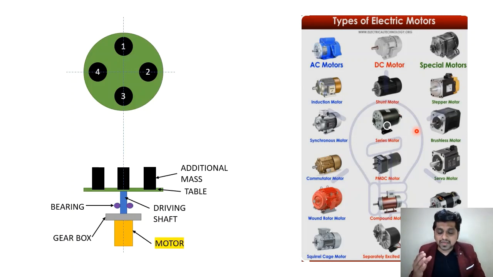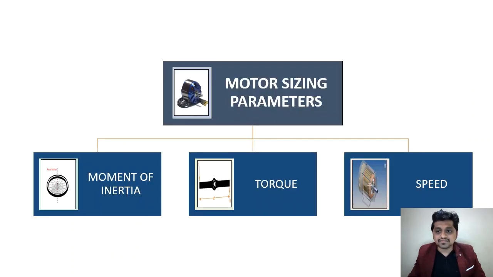But while selecting any type of motor, we require some input parameters. So our session is based on how we can get those parameters. Now here in our application, let's see what those input parameters are. For motor sizing, the three most important parameters are: first the moment of inertia, then the torque and the speed.